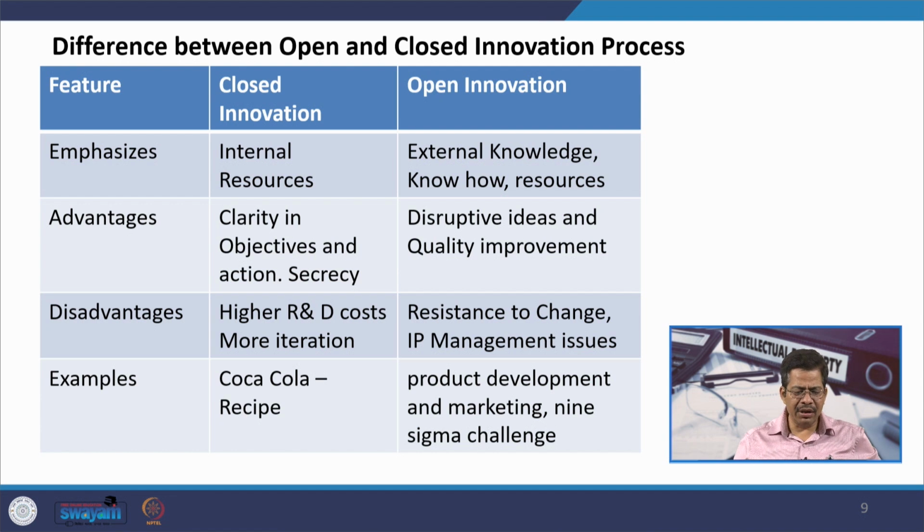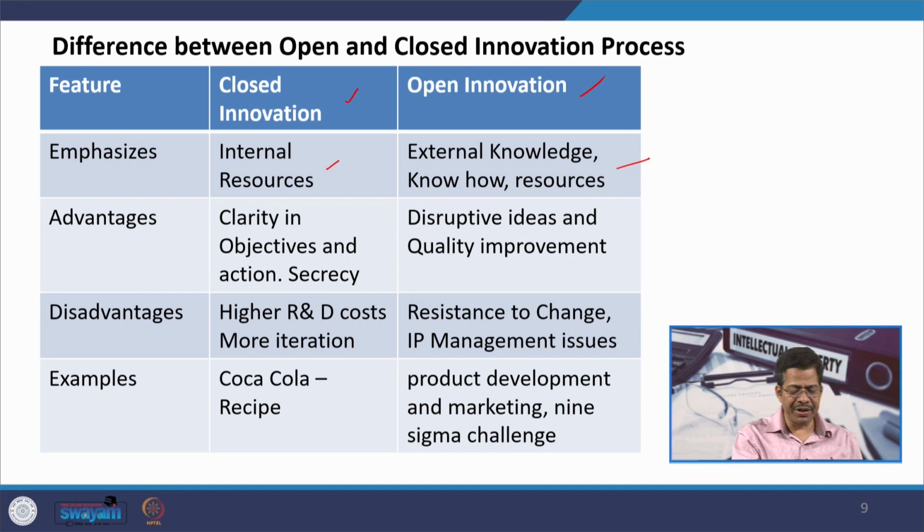But before that, for the interest of our audience, let us see in black and white what the differences are between open and closed innovation processes. Closed innovation versus open innovation: in closed innovation we emphasize internal resources more, while in open innovation external resources and external knowledge are also given very high importance.